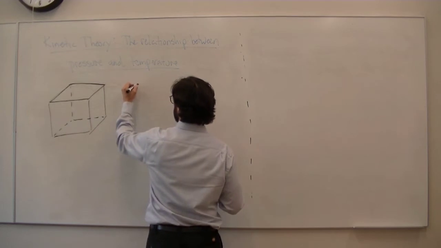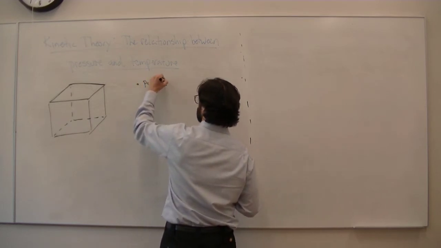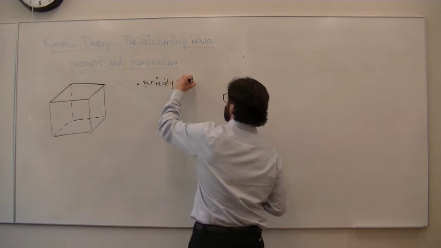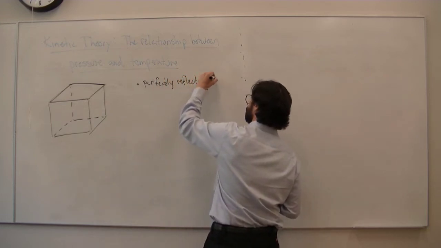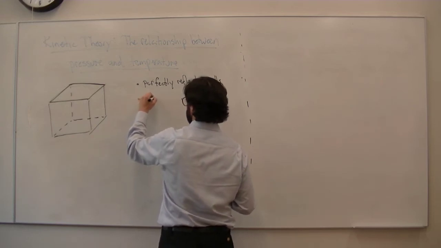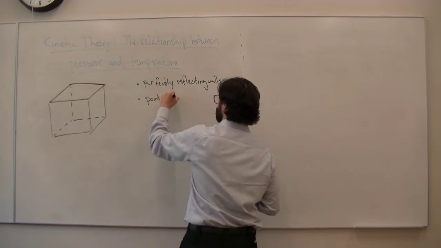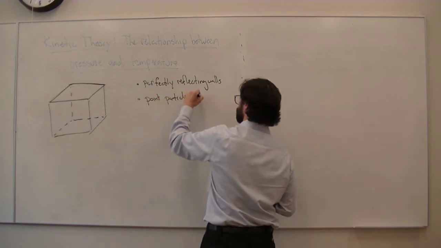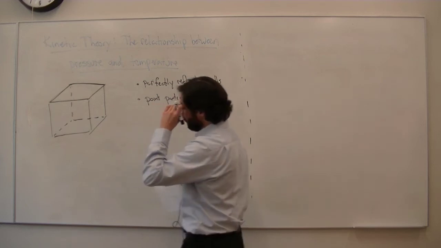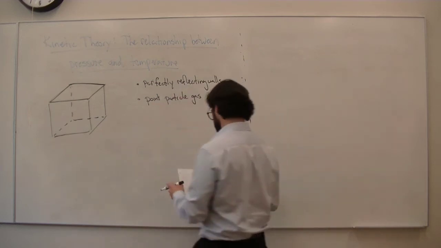First off, these are perfectly reflecting walls. And the gas is basically point masses, which means that they don't store any energy inside of them, like they don't have any internal springs or detail.